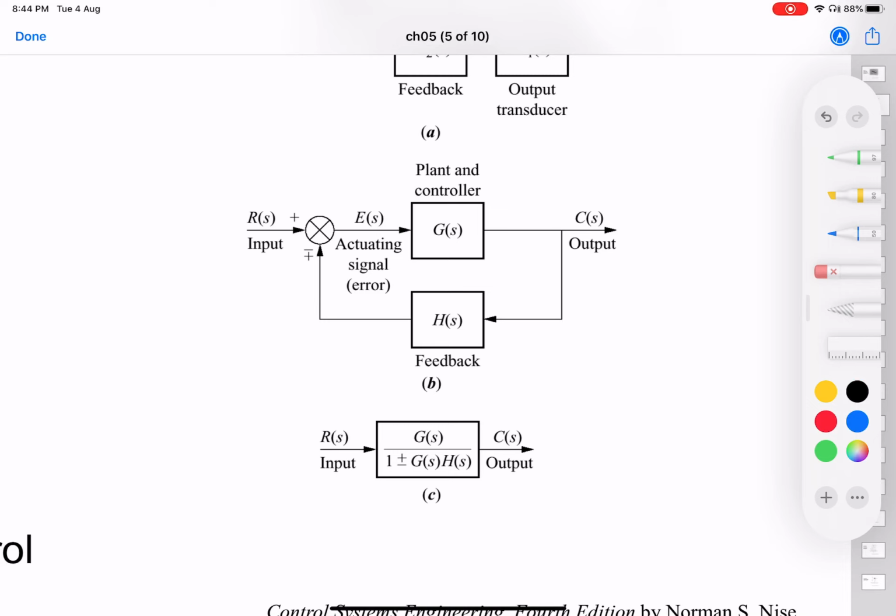So what you can do is try to find out what is this signal. Now, this is a pickoff point. So if this is Cs, this is going to be Cs, right? And if this is Cs, we can write down this as Cs into Hs, right?